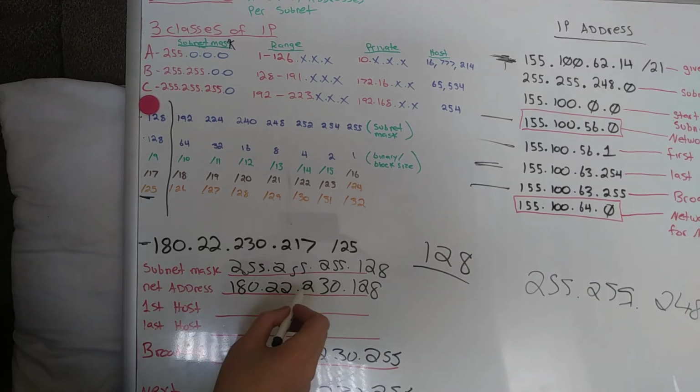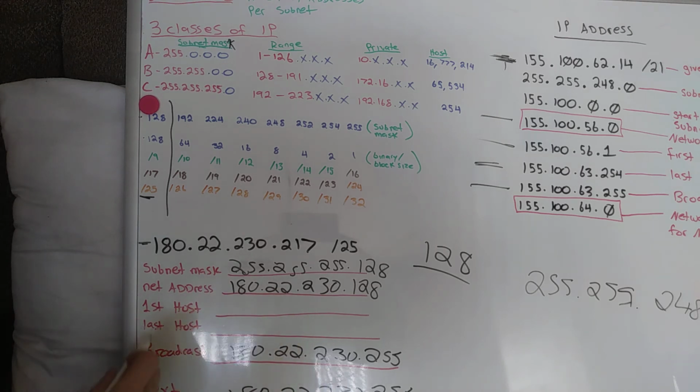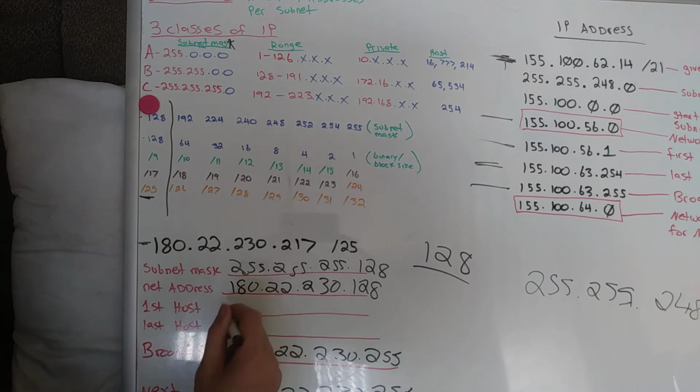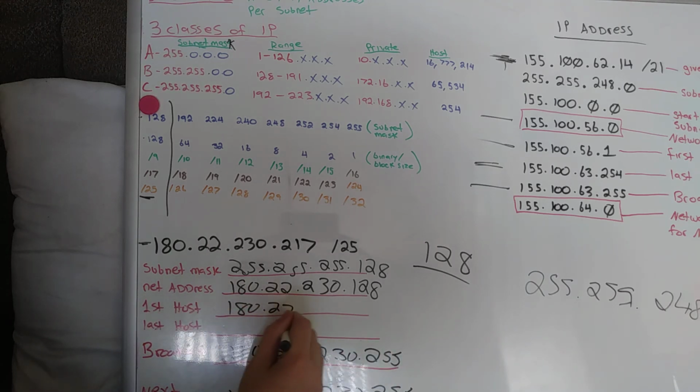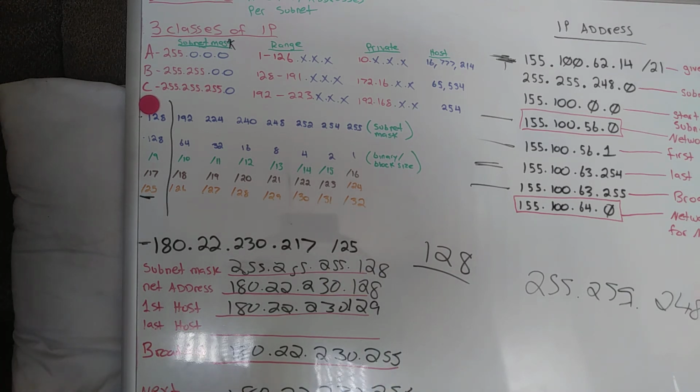Well, now that we have the start of our subnet and the end of our subnet, when they say there's 2 reserved, that's what they mean, this one and this one. What are our usable hosts? The first one and the last one. The first one is right after the network address, 180.22.230.129. Okay?